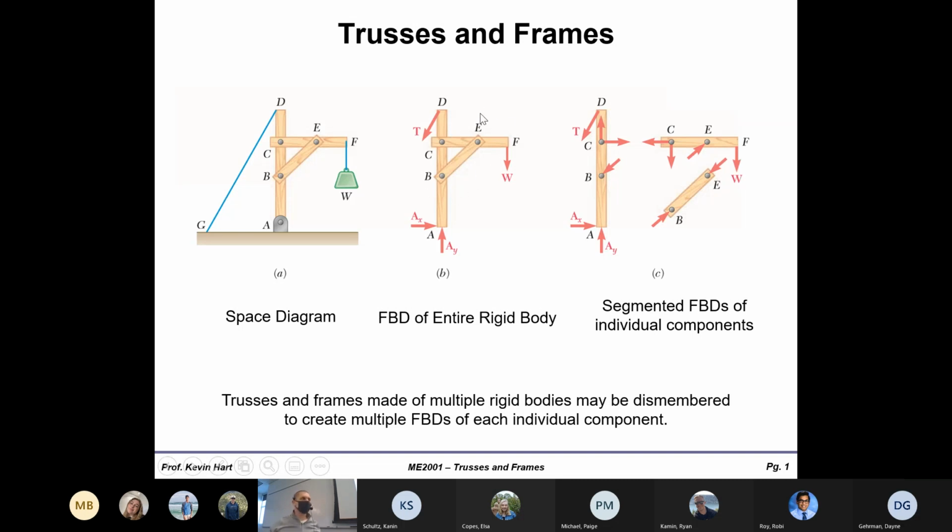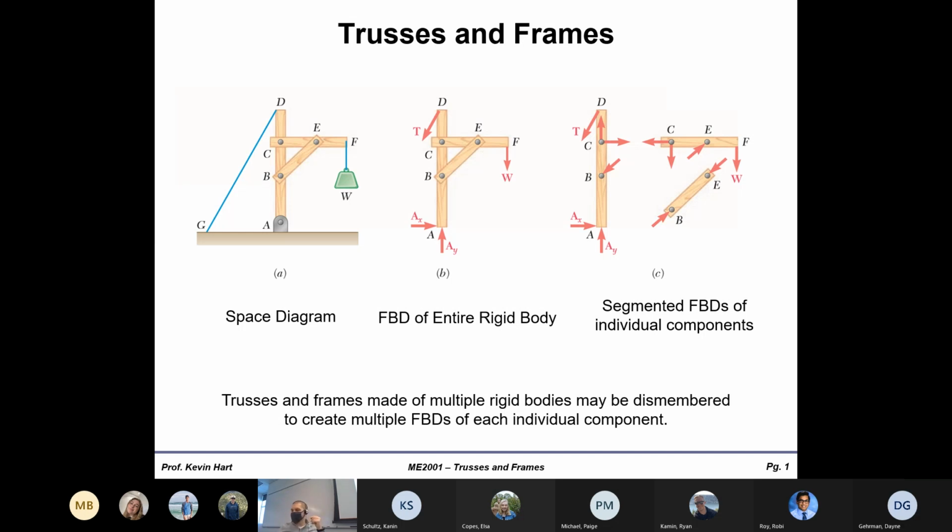If I were to isolate that particular member, I only have reaction forces that would occur at point E and reaction forces that would occur at point B. So neglecting the weight of this particular object, if I were to isolate this from its surroundings, I would have a pin at E and a pin at B, which typically would be two reaction forces for each one of those locations.